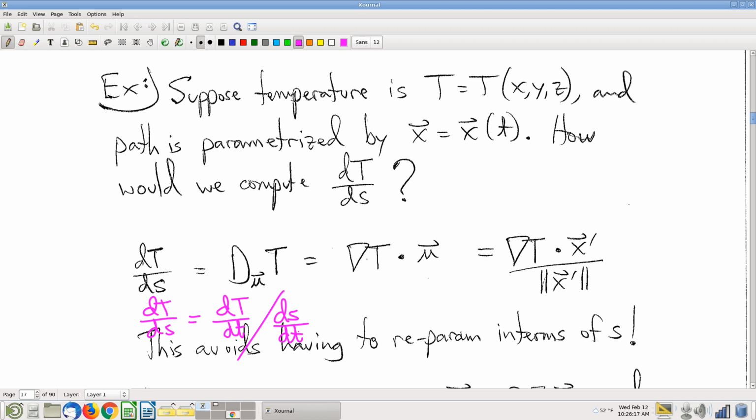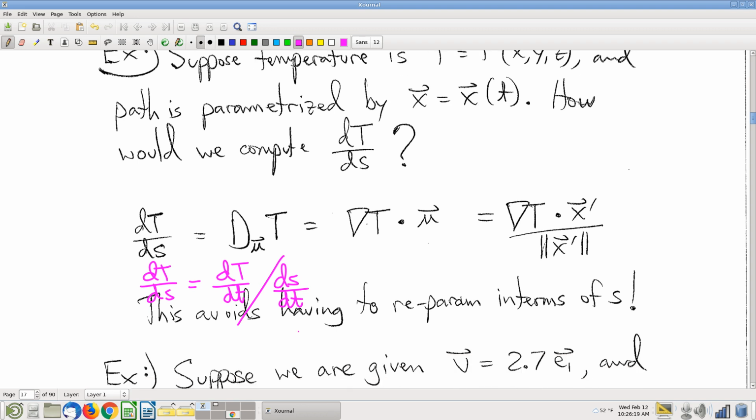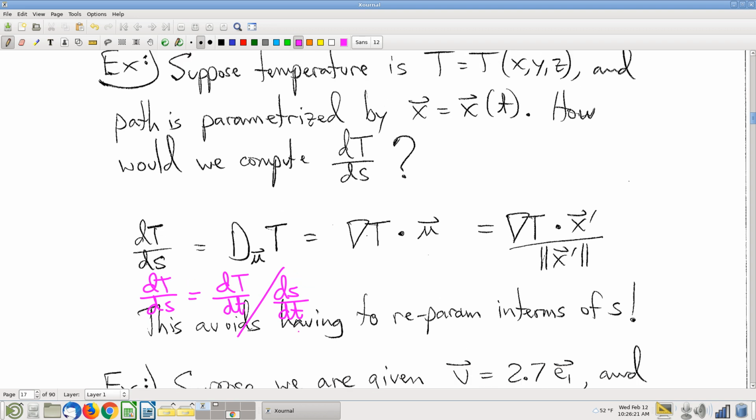Now that's a single variable move right there, the single variable chain rule. And then just notice that ds/dt is speed, and I already know how to compute speed. So it's really kind of the same deal. We're just dividing the time derivative by speed. So it's an equivalent calculation. But anyway, your preference.